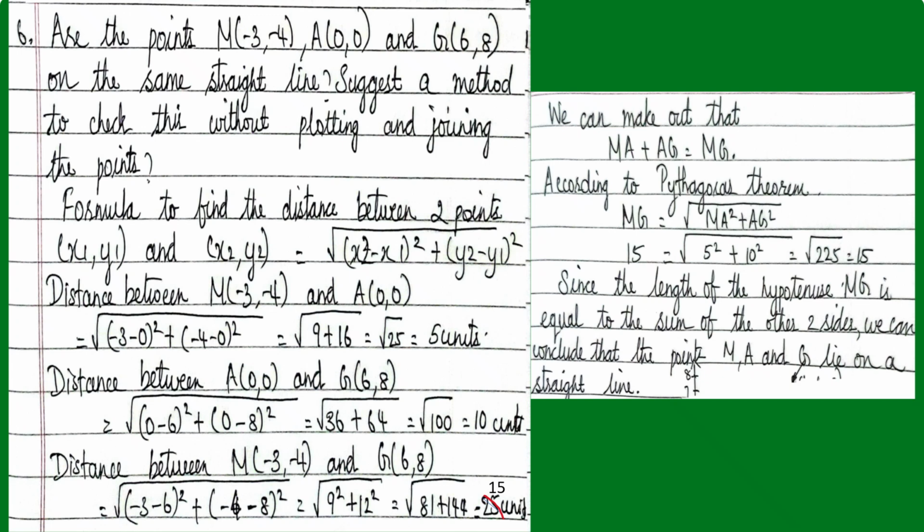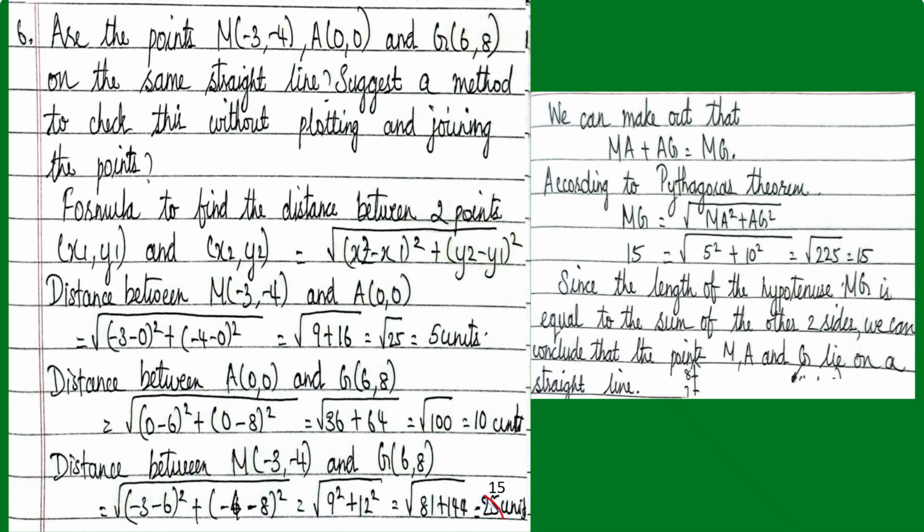We can make use of the formula to find the distance between the 2 points (x1, y1) and (x2, y2) as square root of (x2 minus x1) the whole squared plus (y2 minus y1) the whole squared. So using this formula, substituting the values of M and A, we get the distance between M and A to be equal to 5 units, distance between A and G as 10 units, distance between M and G as 15 units.